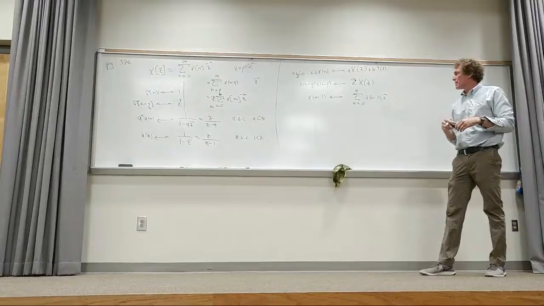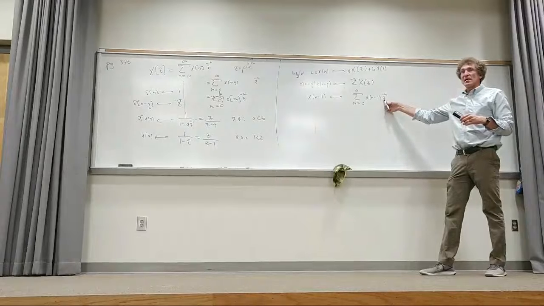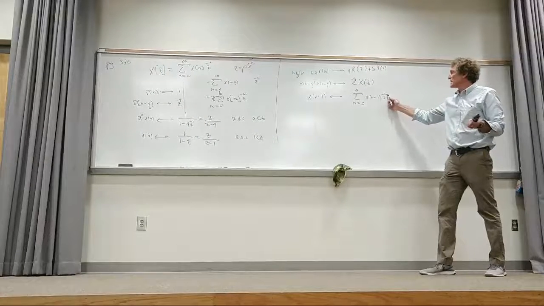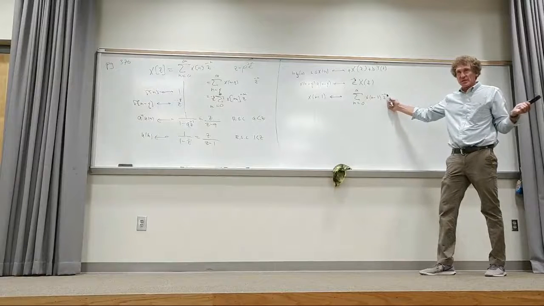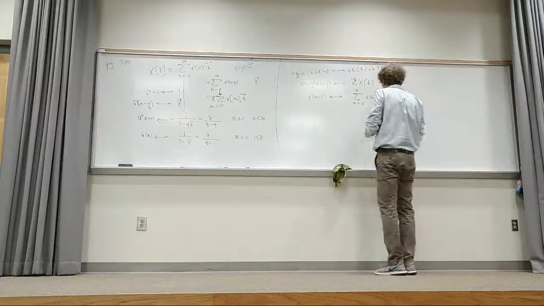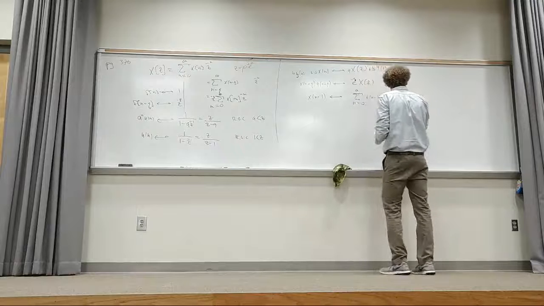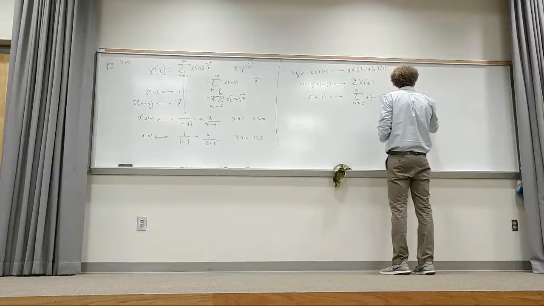Now keep watching. When I look at this right here, I need a variable transform because I need to get a z to some power by itself to make it look like a z transform sum. So I'm going to take n minus 1 and call it equal to m.